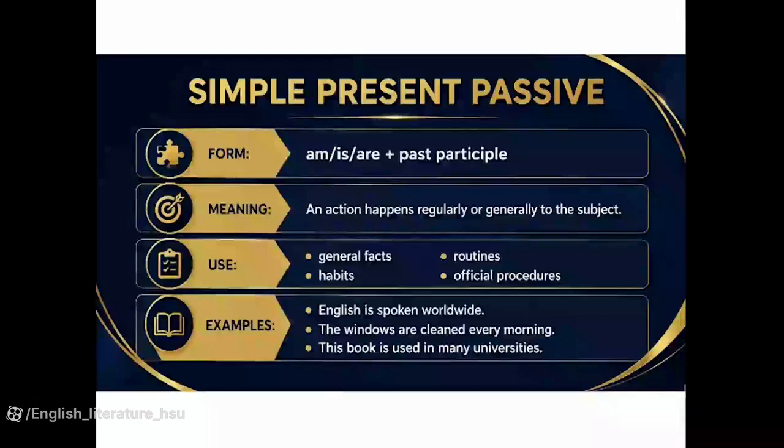We use this form for telling general facts, habits, official procedures or routines. For example, English is spoken worldwide, or the windows are cleaned every morning. Is spoken, are cleaned, is used. These are simple present passive.